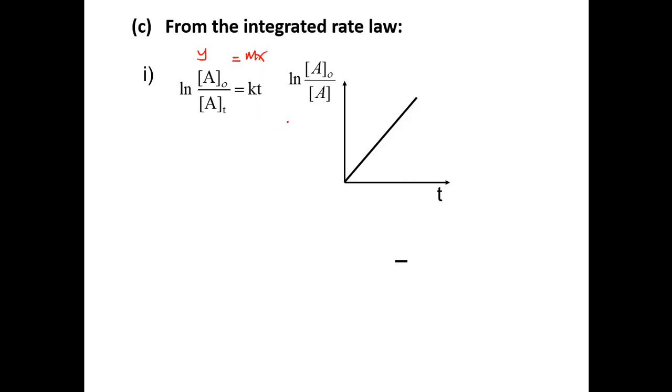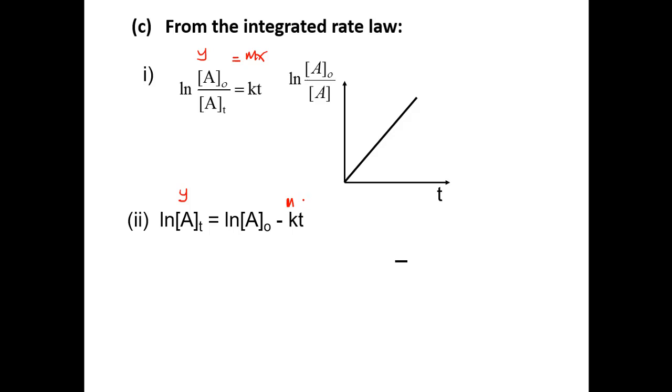You akan dapat straight line passing through the origin, or if you plot ln concentration, ln concentration sama dengan ln A0 minus KT, so this one will be your Y. Okay, always remember you punya gradient tu represents your rate constant, your K value tu.